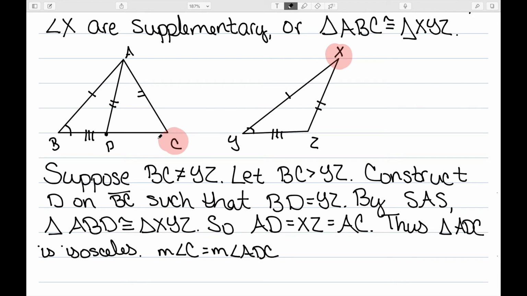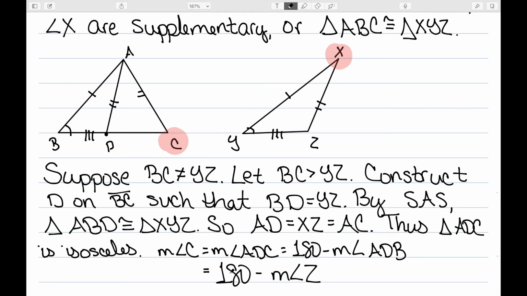That means the measure of angle C has to be equal to the measure of angle ADC by isosceles triangles. That needs to be equal to 180 minus ADB, since ADB and ADC are supplementary angles, which has to be equal to 180 minus the measure of angle Z, since ADB has to be equivalent to the measure of angle Z because of my congruent triangles.